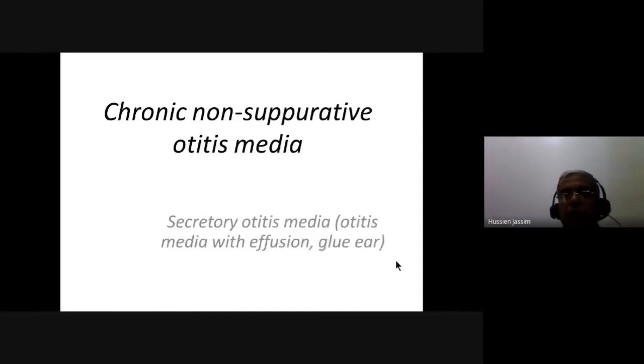Now another scenario for otitis media is the chronic state or chronic non-suppurative otitis media.